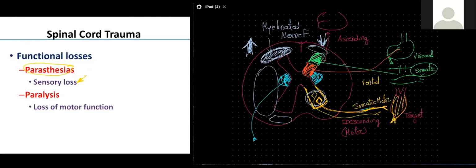If I lost the motor function here, it's called a paralysis. So again, lost sensation is going to be paresthesia. If I've lost the motor activity, it's going to be a paralysis.